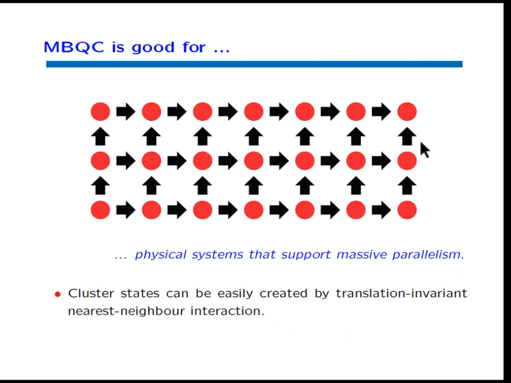Namely, whenever you can do the Ising interaction, you can create cluster states in a constant number of steps. One physical system where this is the case are cold atoms in optical lattices, where you can implement the Ising interaction by cold controlled collisions. Okay, so this is when you have such an interaction, good for measurement-based quantum computation.